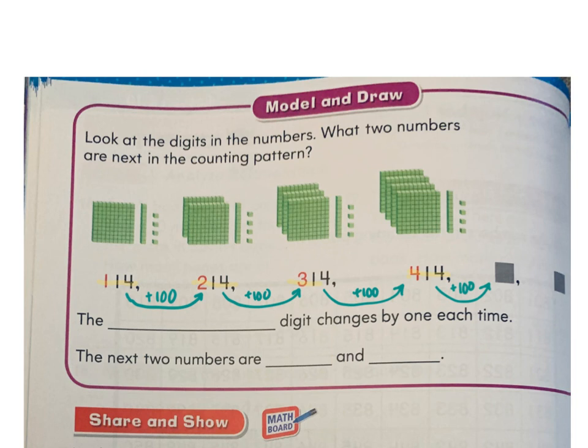That's why the hundreds place is red. So on this line, we can write the hundreds digit changes by 1 each time. So that means the next 2 numbers are 514, and then add 100 more, 614.